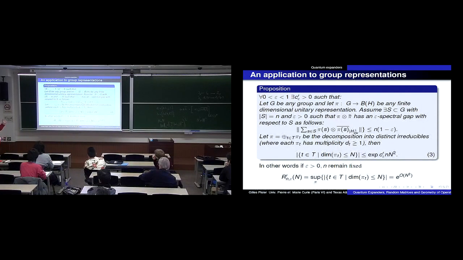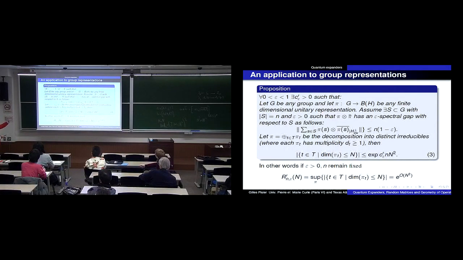Okay, so the situation is this. We now can freeze things like that. We look at any group, and we look at a finite dimensional unitary representation of this group G. That could be, of course, a finite group, and we could consider the left regular representation on this group.